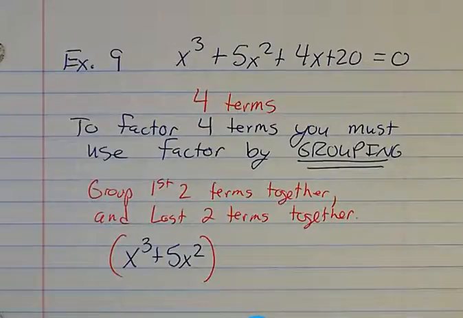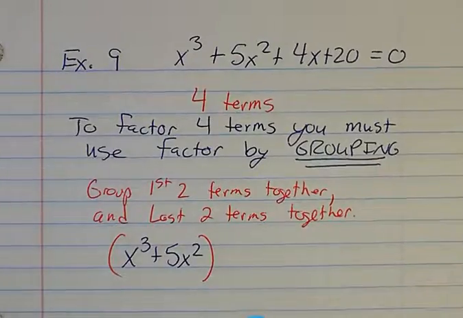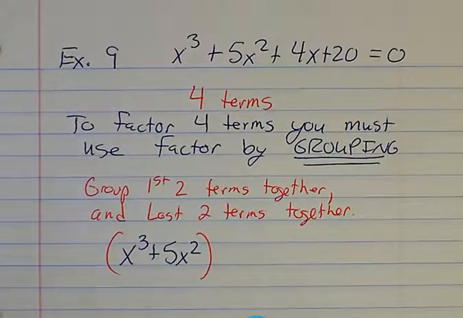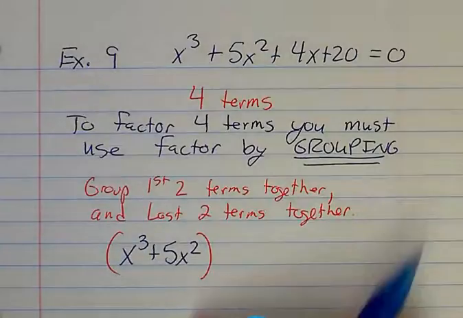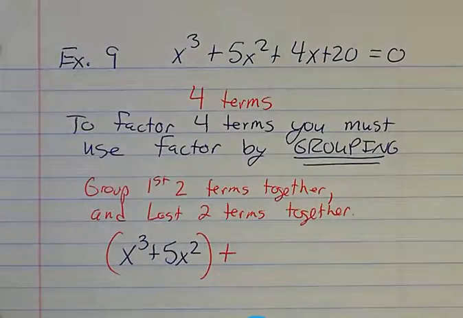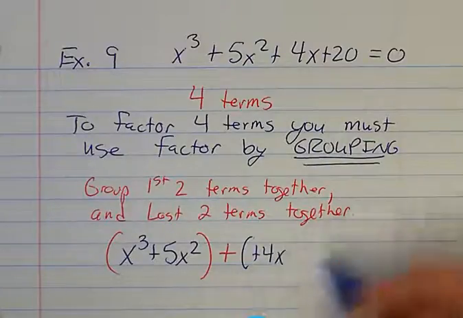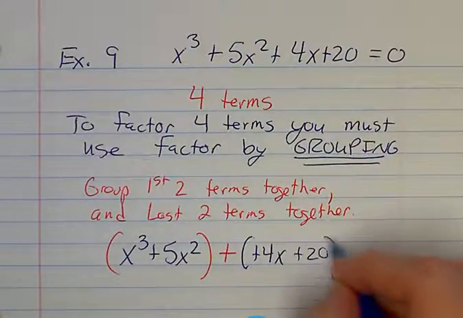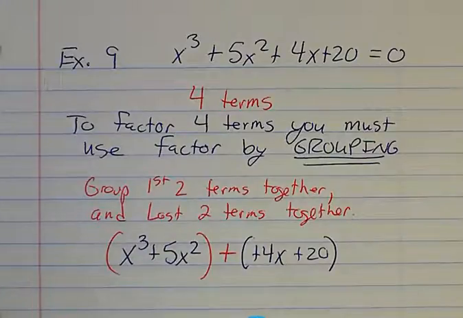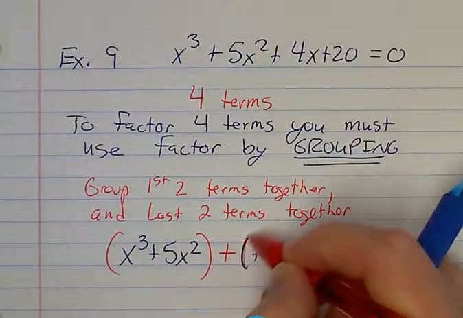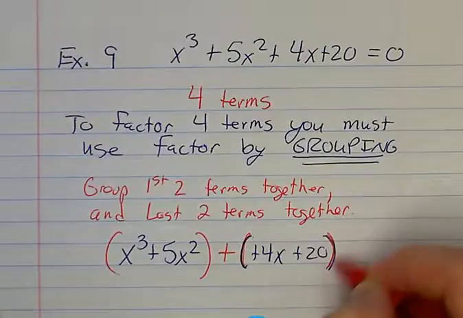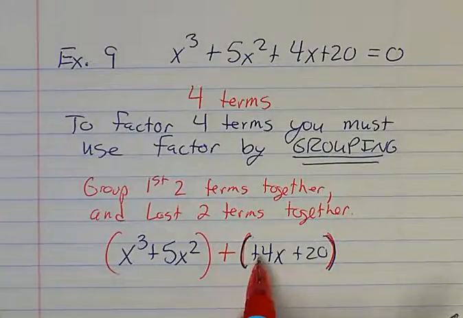The one thing I always tell people to do, if it's all positive it's a little bit easier, but when I start throwing negatives at you, the best thing to do is always put a plus sign in the middle, regardless of what the sign is in front of the x, and then take that positive 4x here, and then the positive 20 there. Because sometimes if that number happens to be negative, some people leave it on the outside.